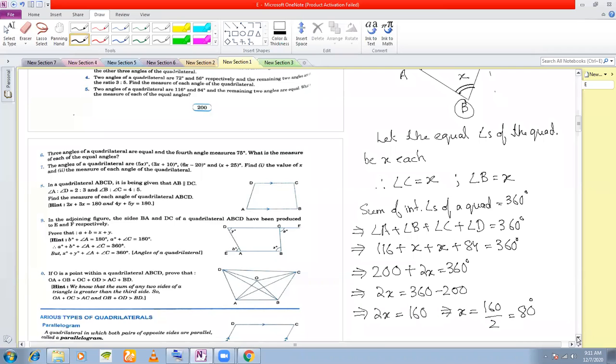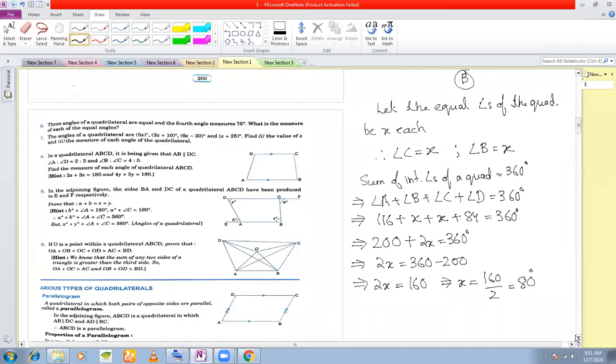So hence, what can you say? Angle B and angle C are both X. Hence, angle B is equal to angle C is equal to X is equal to 80 degree. That's it. Simple enough problem. Let us see number 6.